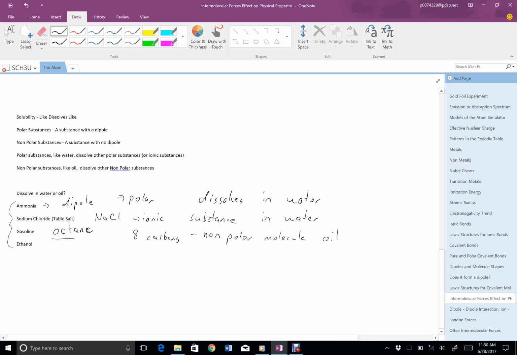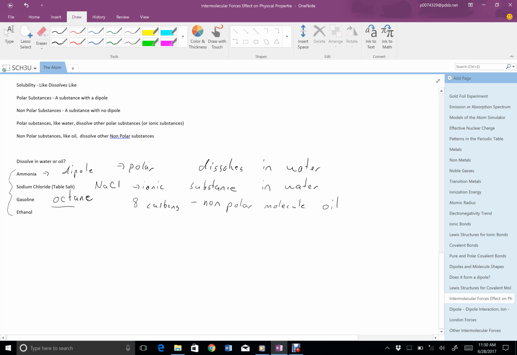In the last one, ethanol, and I chose ethanol because it's particularly interesting. Ethanol looks like this. Ethanol has a part of it that looks like an organic molecule, so this part of it is non-polar. But then it has a little end of it that looks a lot like water, and so this end of it is polar.